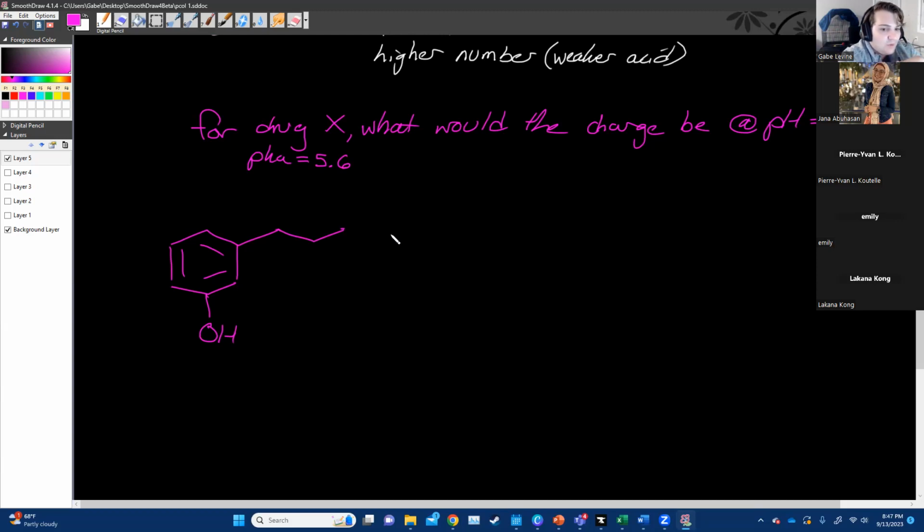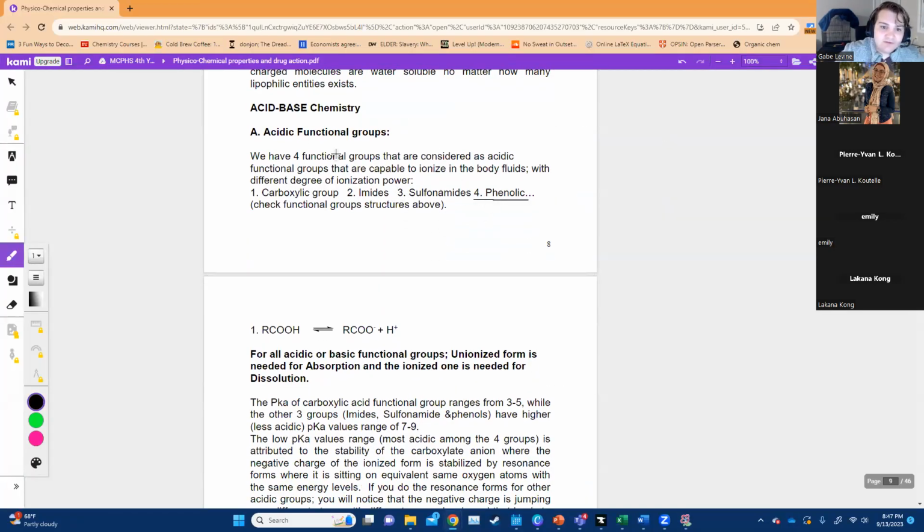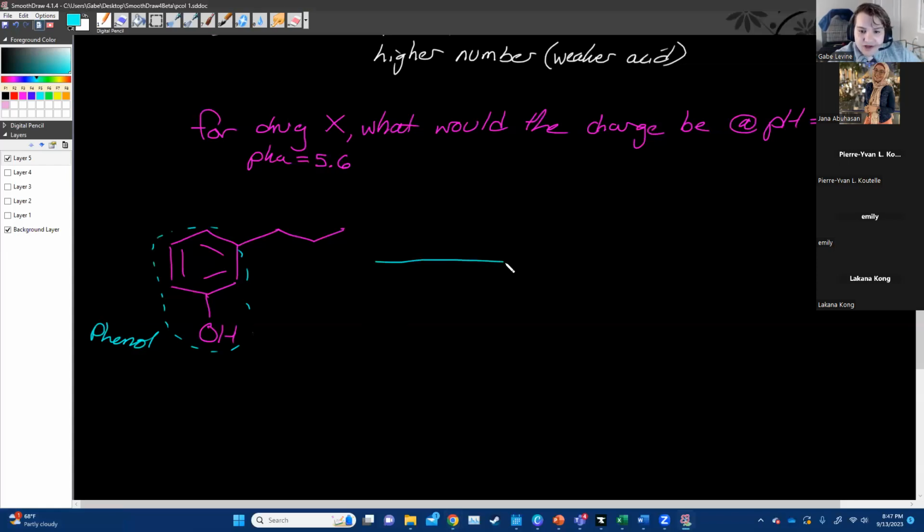We can identify that this is the functional group phenol, which as you create your flashcards, you will identify as one of the acidic functional groups. That means that this hydrogen is the one that gets popped off.